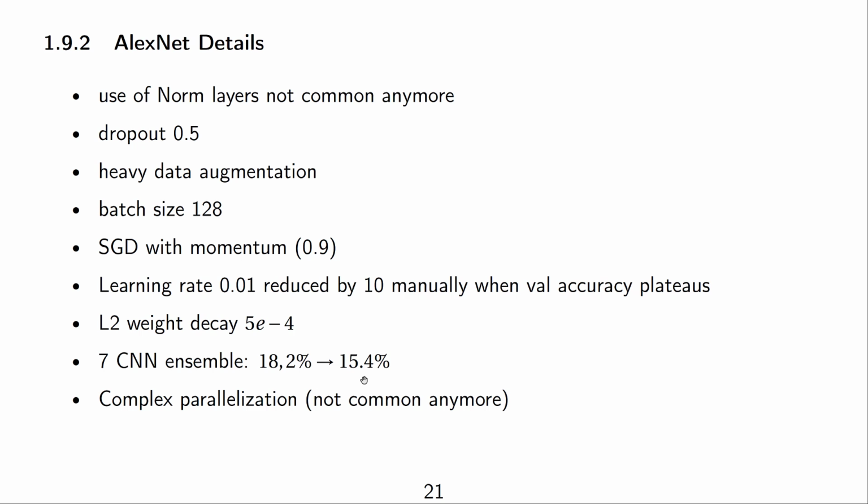So this is the error rate then and not the accuracy. The paper also used somewhat of a complex parallelization that again was necessary at the time because of limited memory, but this is not common anymore.